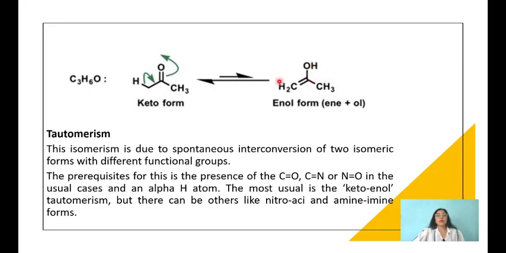Here, the two compounds exist in equilibrium. The prerequisite is that the compound should have a C double bond O group, or C double bond N, or N double bond O. The most usual is keto-enol tautomerism. There are other kinds of tautomerism like nitro-aci tautomerism or amine-imine tautomerism.